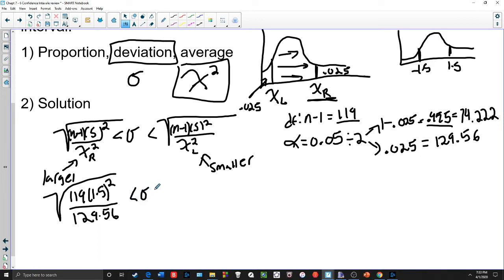And then, again, obviously do it in the calculator, but I would not square this bottom number. The variable is called chi-squared. It doesn't mean that you actually square the number itself, which is the mistake I made in the video, and I failed to catch myself on. So 119 times 1.5 squared, all over my lower one was 74.222.